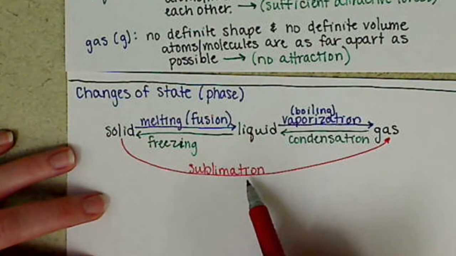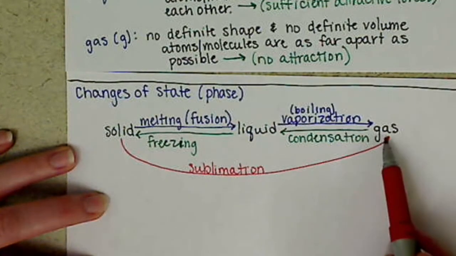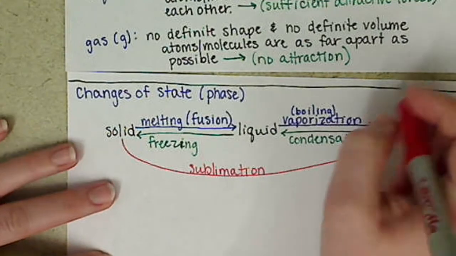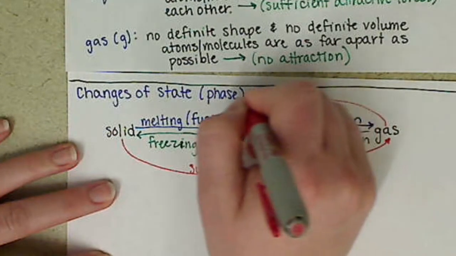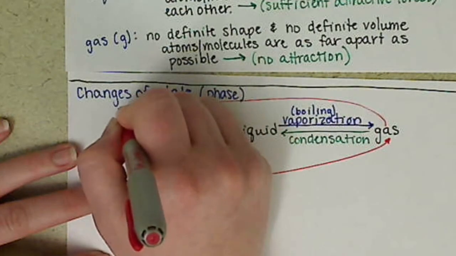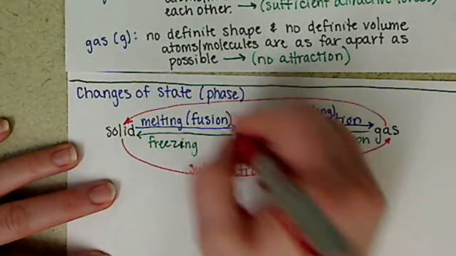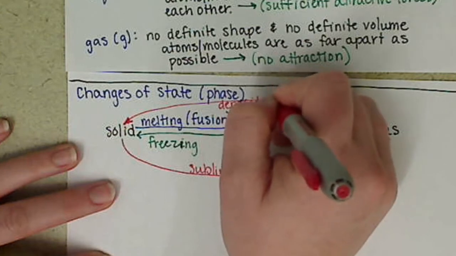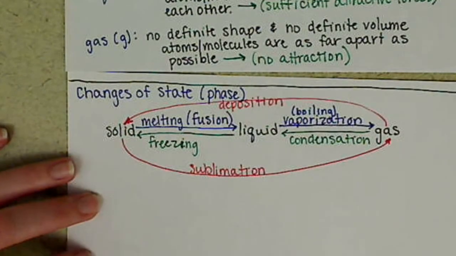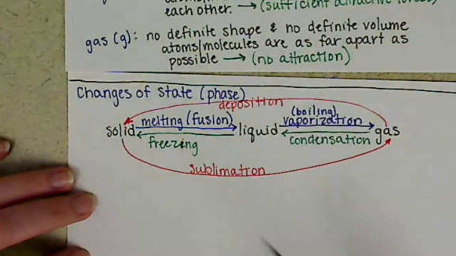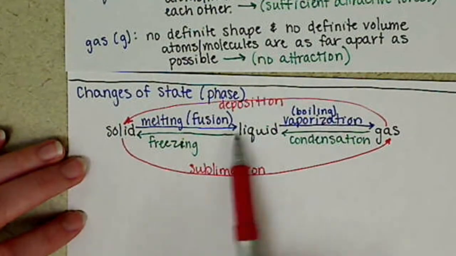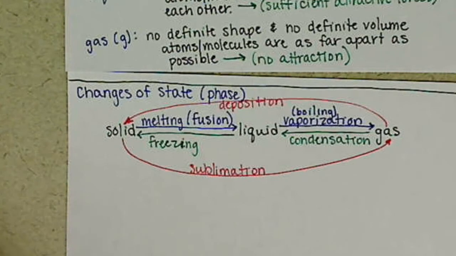If you've ever dealt with dry ice, it's a solid and it goes directly into a gas vapor. If we go the opposite direction, from a gas down to a solid, this is called deposition. And those are our different conversions between our changes of state.